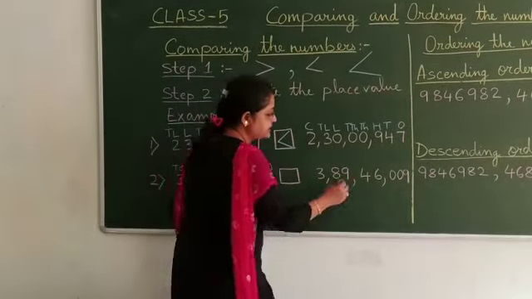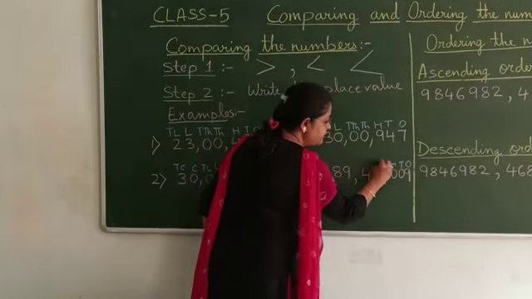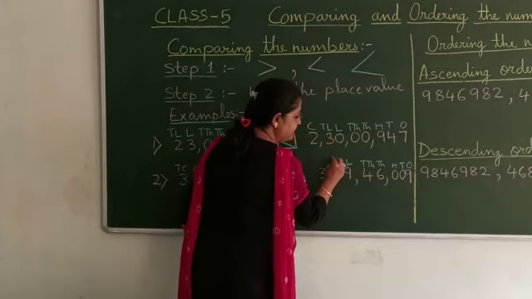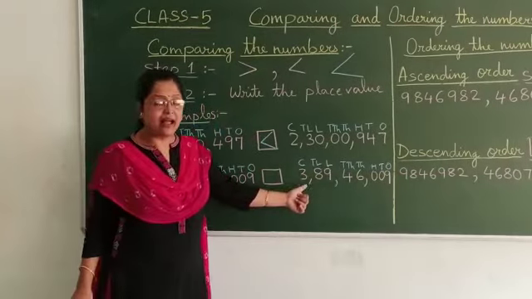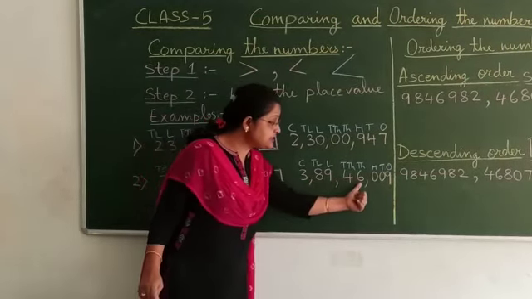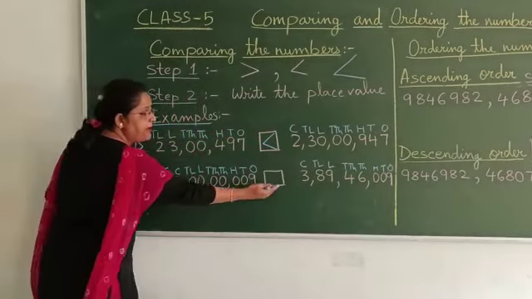The other side: ones, tens, hundred, thousand, 10,000, lakh, 10 lakh and crore. Here you have 3 crore 89 lakh 46,000 and 9. Now compare them.